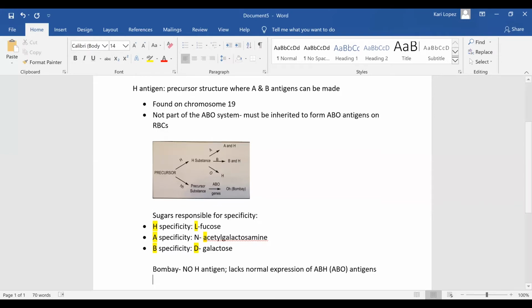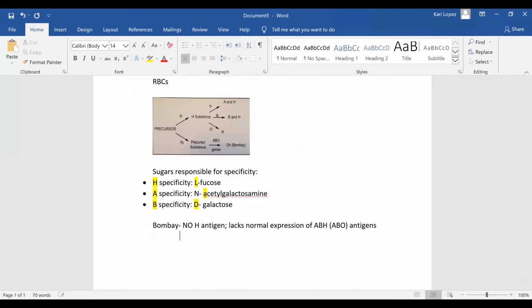It can be written as O with a little h. Let me see if I can make this look right. It can also be written as little h, little h. Oops, and I want to keep that little h.